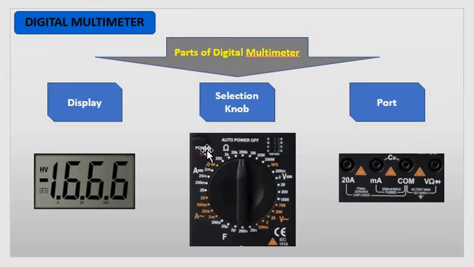Generally these are the additional features, that is measurement of capacitance or testing the transistor, etc. In common multimeters, only voltage, current and resistance can be measured. So depending on the manufacturer's type and model, additional features are included here.